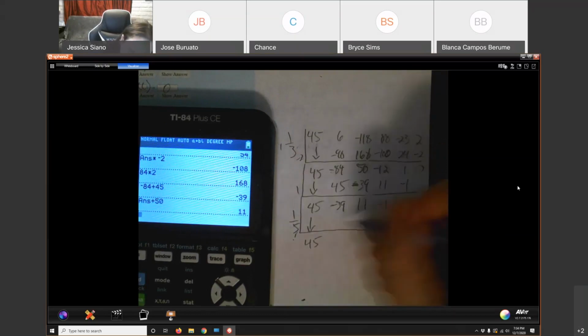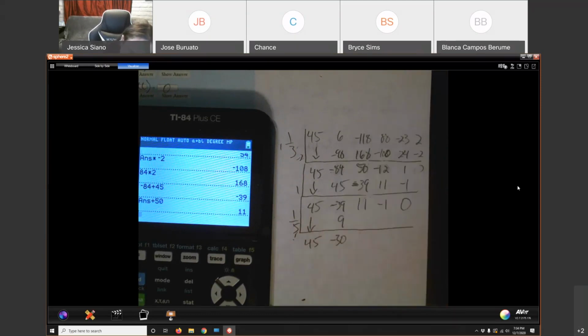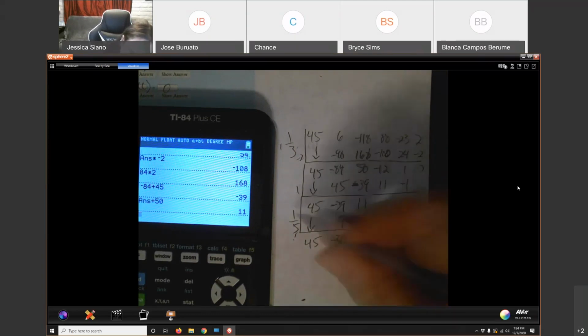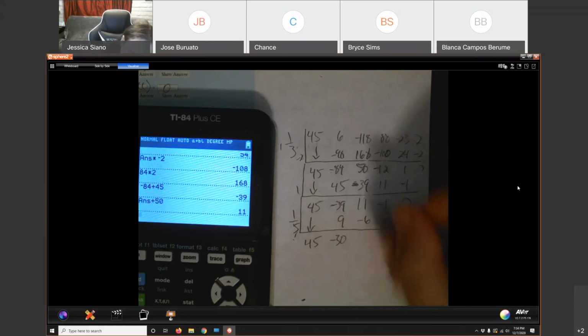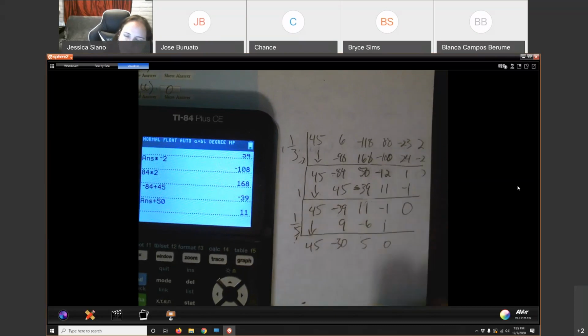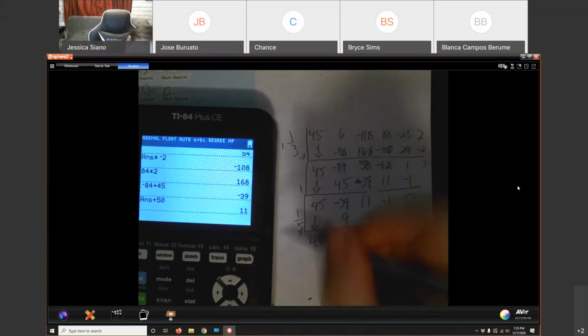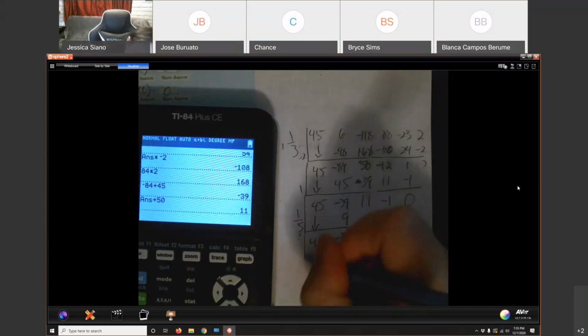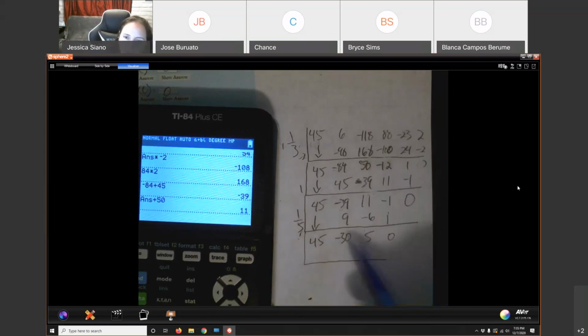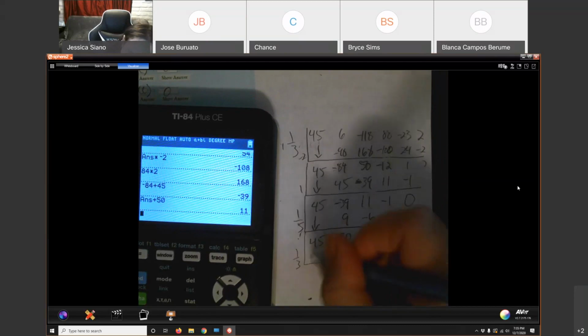One-fifth times 45 is 9. It's negative 30. That's going to be negative 6. And then we can take out the 1/3 again. Now I don't really have to do this last step because this is a quadratic and I could factor it. But I also know the 1/3, so let's take that out.